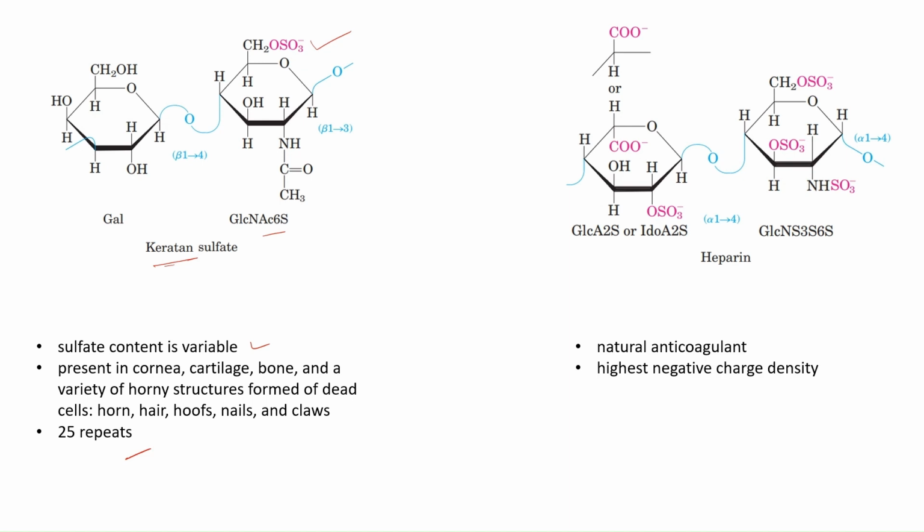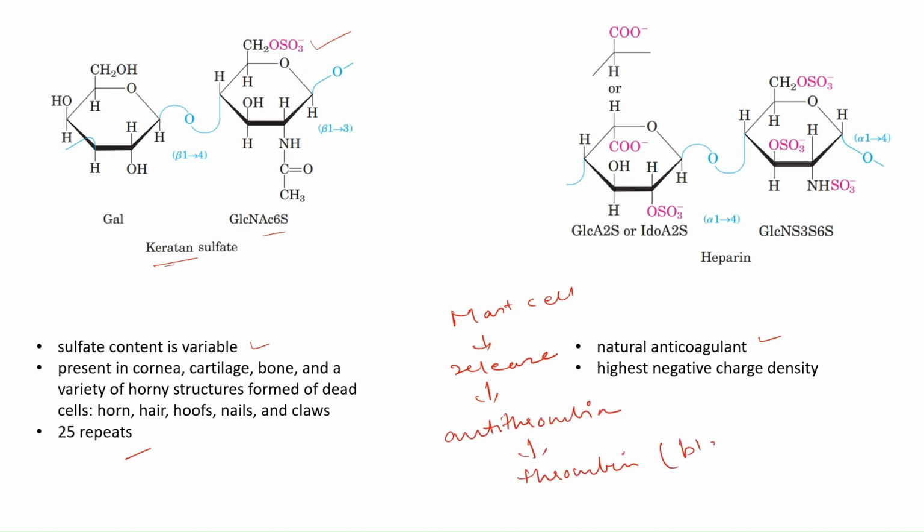Next is heparin. It is a natural anticoagulant. It is produced by mast cells. Once released in blood, it binds to antithrombin. This antithrombin then binds with thrombin, which is a blood coagulant, and inhibits it. As the blood coagulant gets inhibited, the blood won't clot.